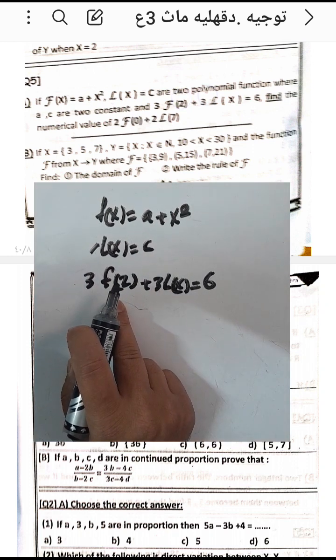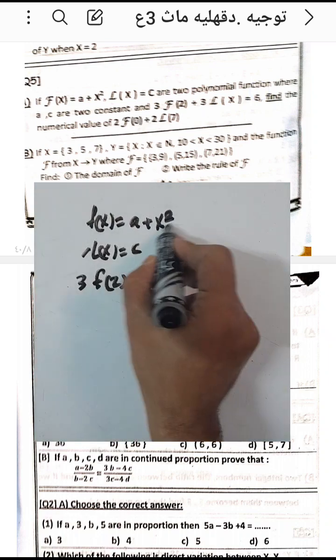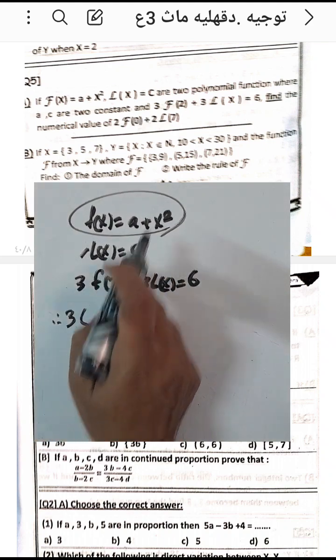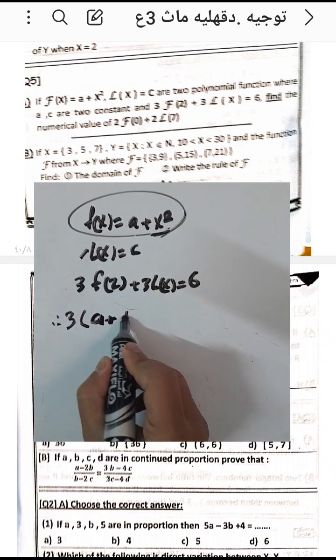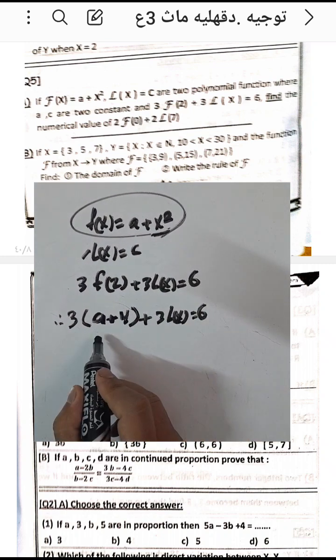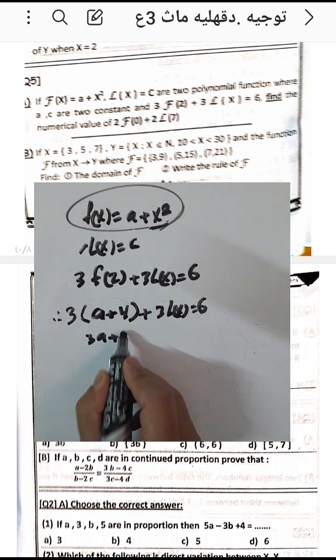Okay, we have f of 2 plus 3L of x equals 6. We will find here f of 2 from this function. Then 3 times, here it will be a plus 2 power 2, which is 4. Now 3L of x equals 6. 3 times a will be 3a, and 3 times 4 will be 12.